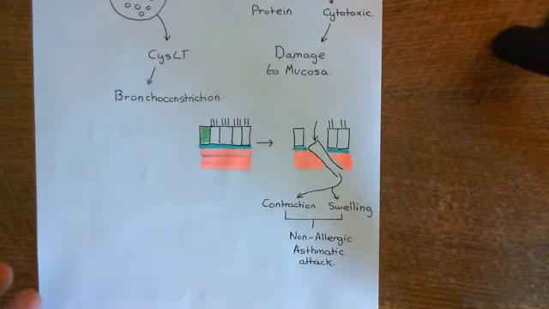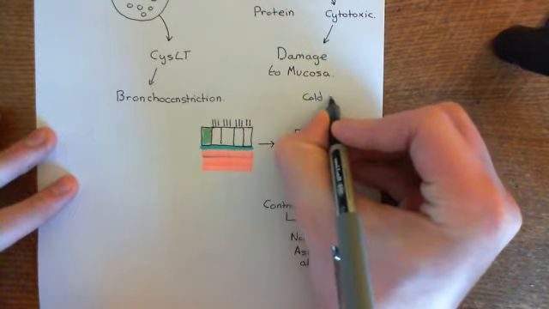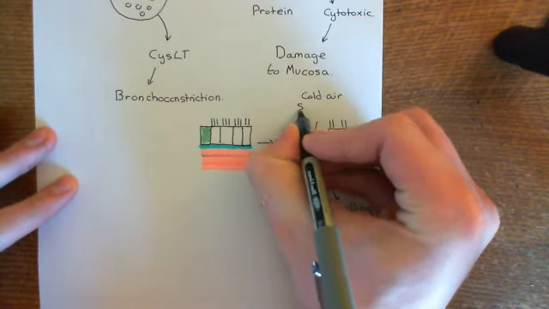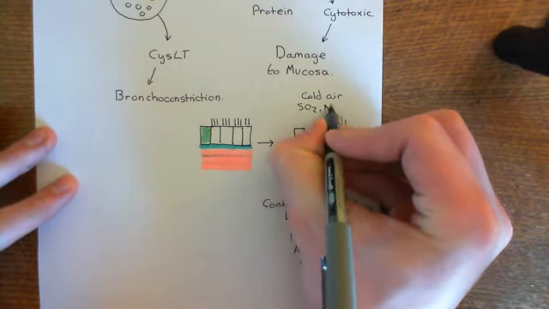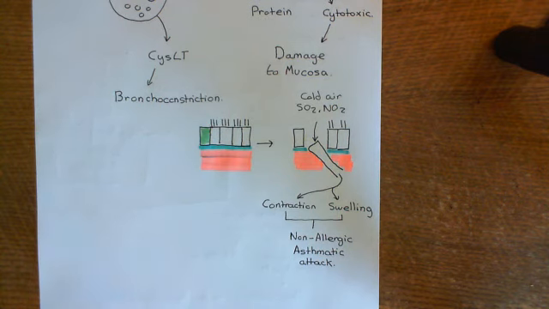Every time you're exposed to the allergen, you'll have an allergic asthmatic attack, and gradually you'll damage the mucosa more and more, and this will eventually lead to the exposure of these neurons, and then stimuli such as cold air, environmental pollutants, sulfur dioxide, nitrogen dioxide, noxious chemicals in cigarette smoke. These can then stimulate these neurons, which will then trigger an asthmatic attack.